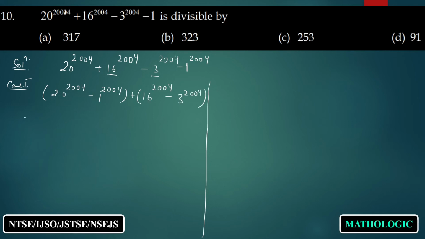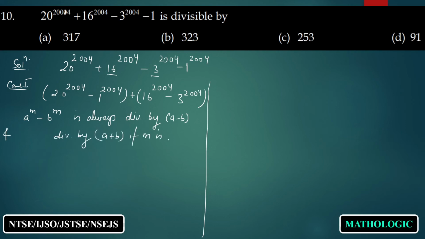Now we know that a to the power m minus b to the power m is always divisible by a minus b, and divisible by a plus b if m is even.